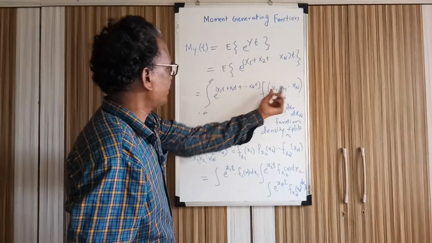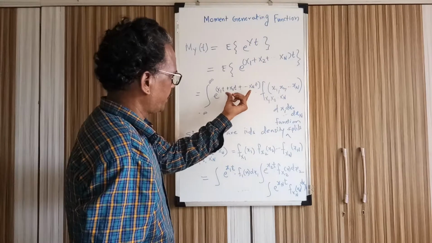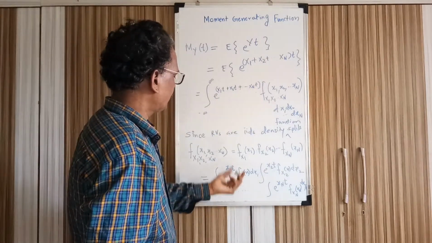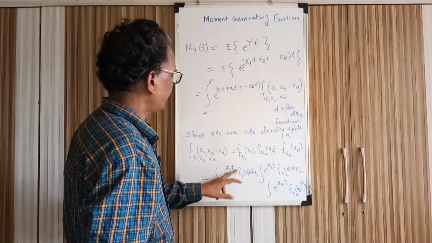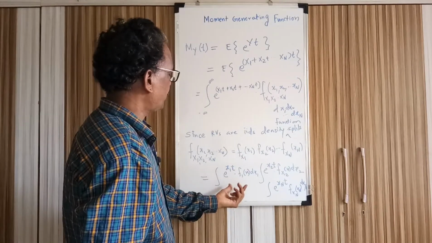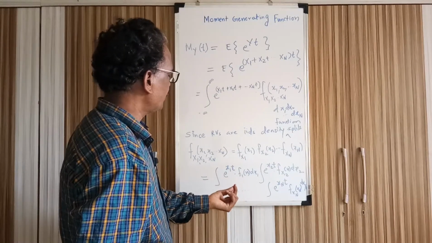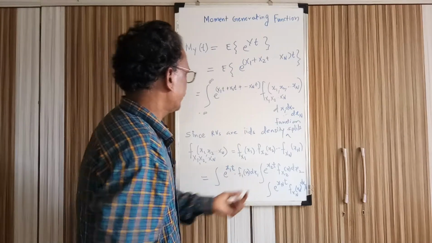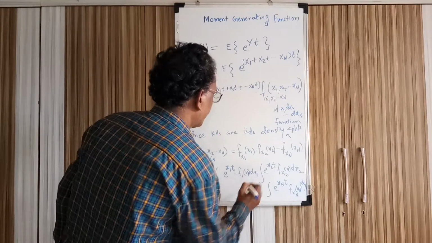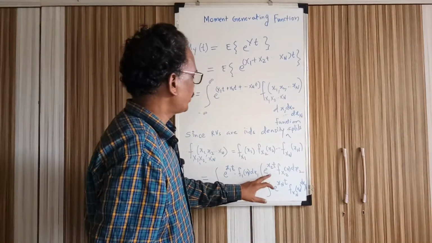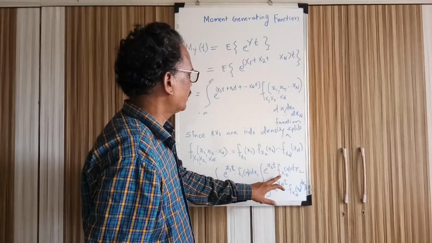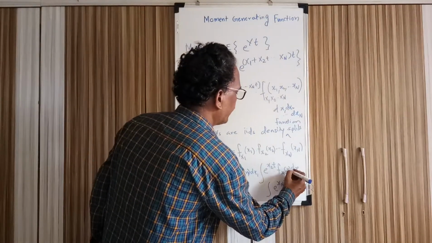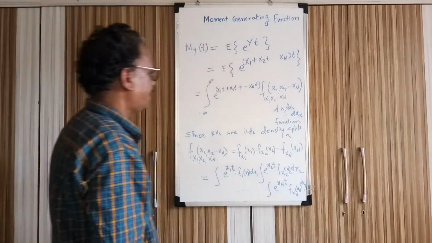After splitting this and combining respective terms separately, we get e to the power x1 t f1 of x1 dx1, e to the power x2 t f of x2, here also the random variable taking value x2, dx2, and so on.